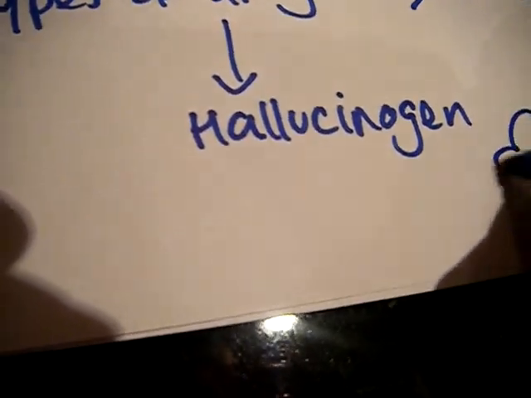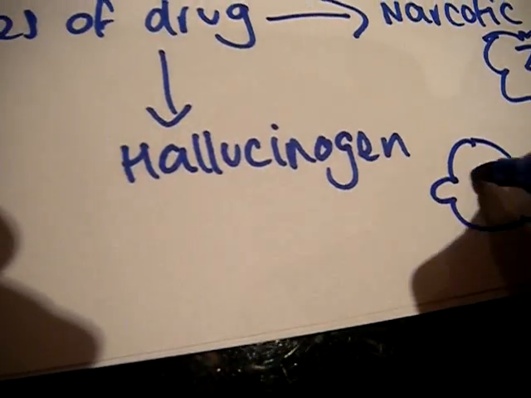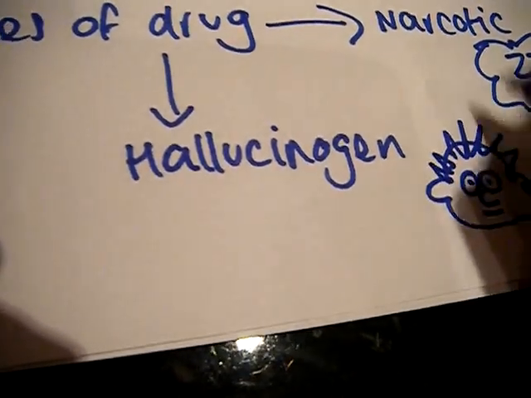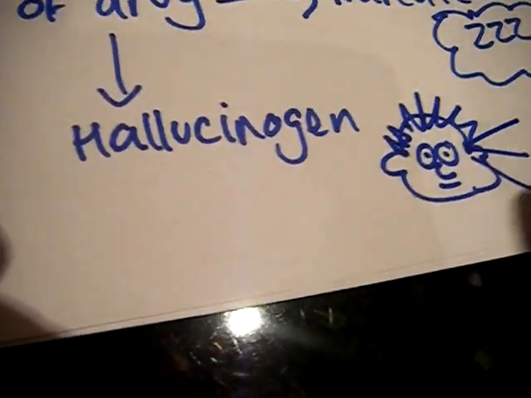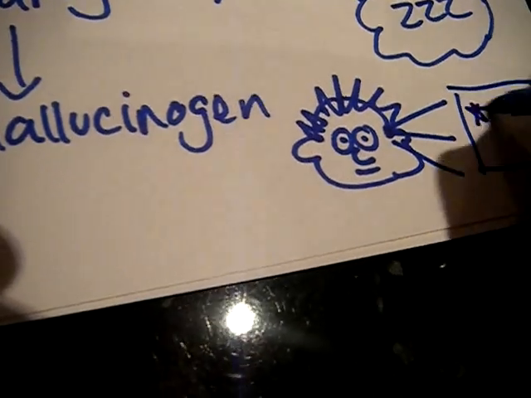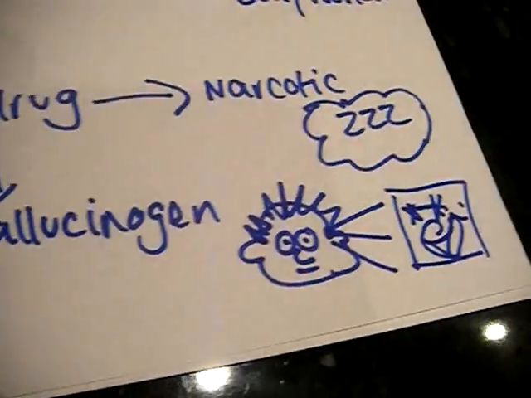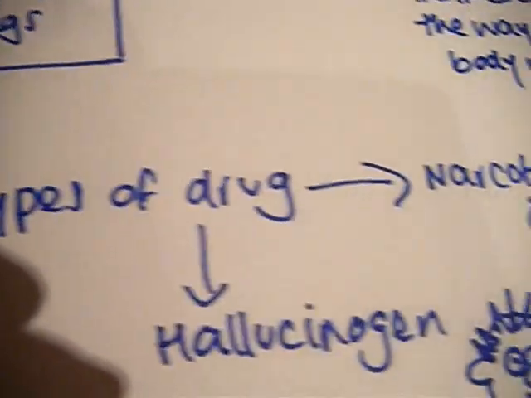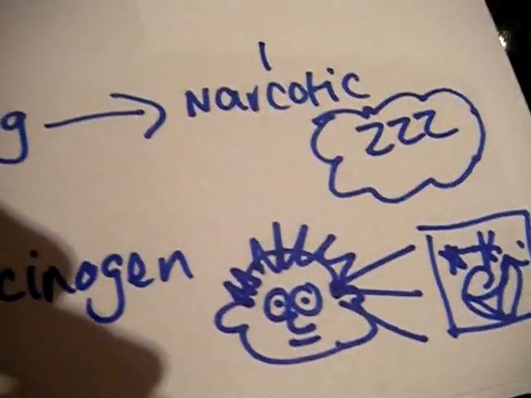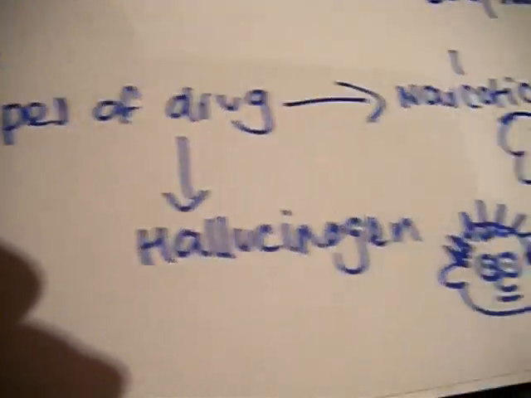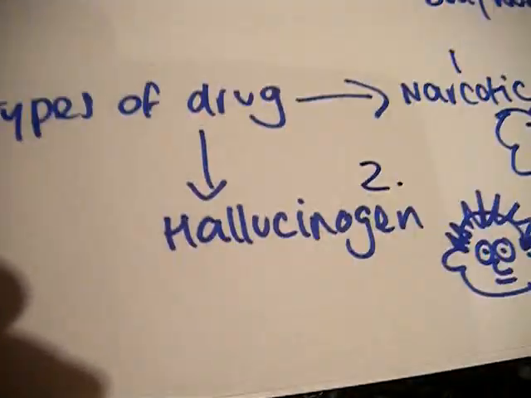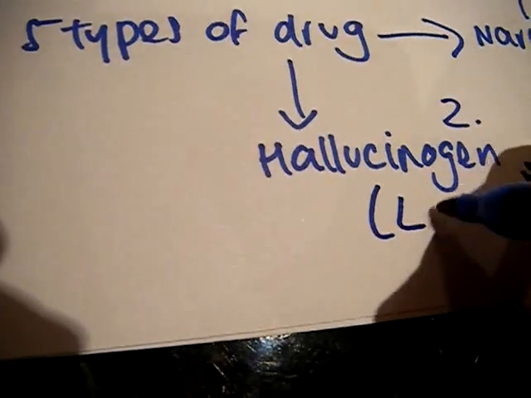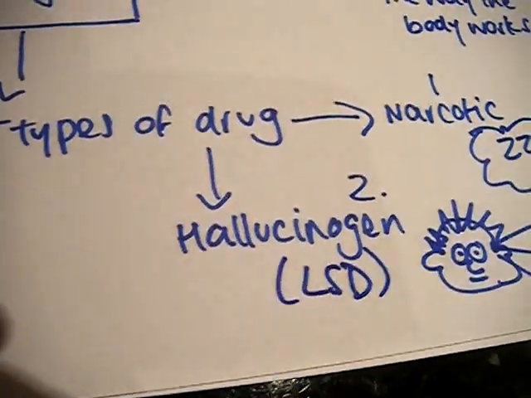So all I'm going to do is draw a little spaced out man, seeing some crazy stuff. Okay, so now I know the 5 types of drug, I've done 2 so far. Number 1, narcotic, makes you fall asleep. Number 2, hallucinogen, makes you see weird things. So as an example of hallucinogen, to remind me, I can put LSD or acid.